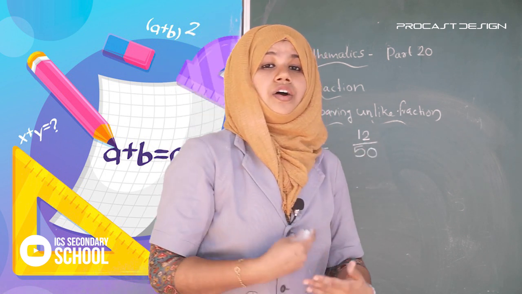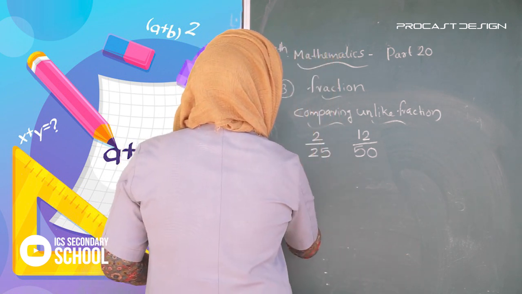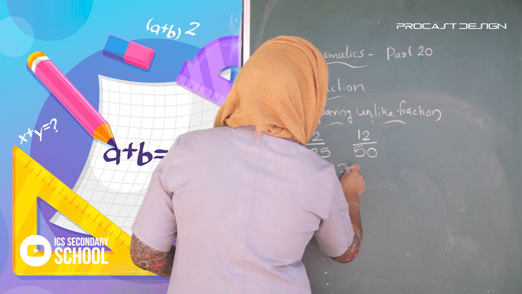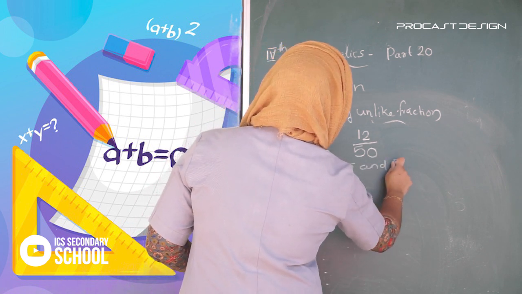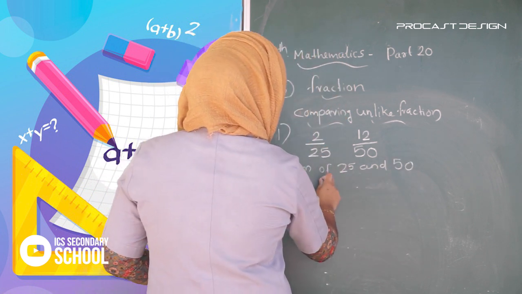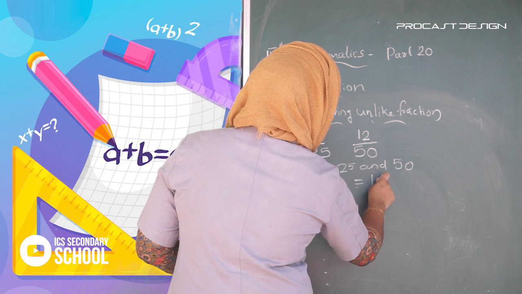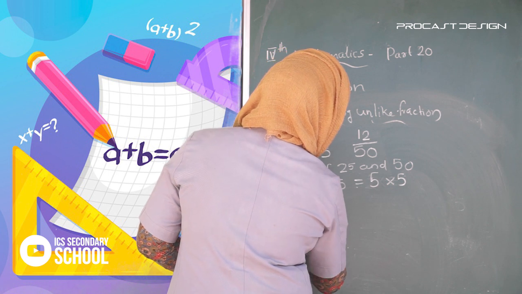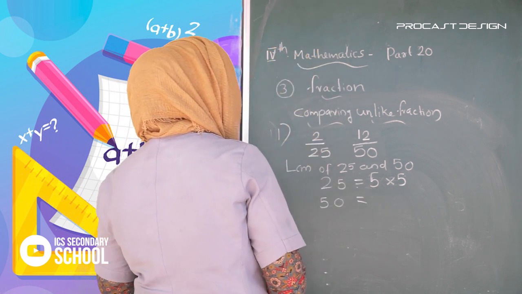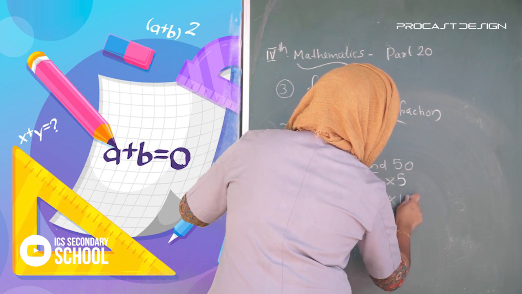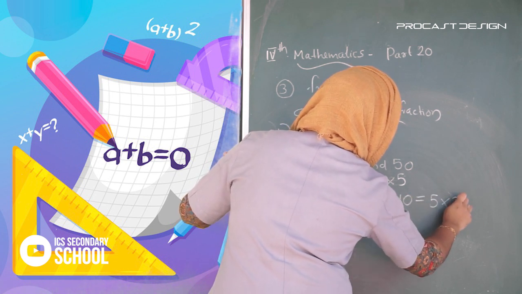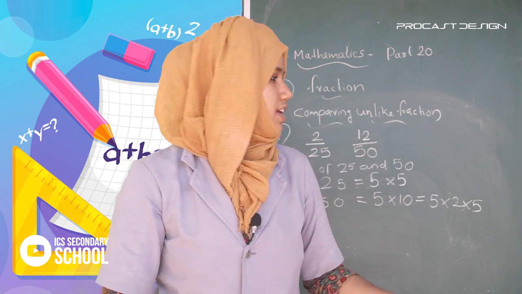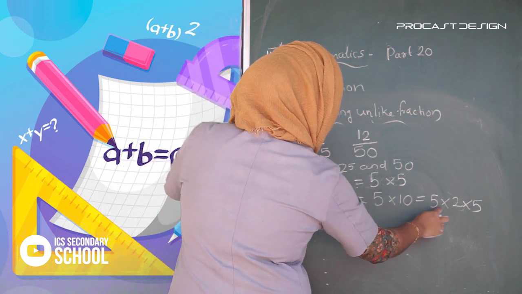First step is to find the LCM of 25 and 50. 25 we can write as 5 into 5. 50 we can write as 5 into 2 into 5.